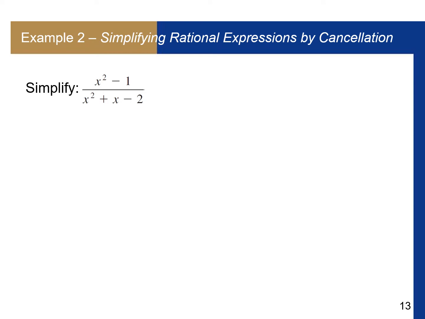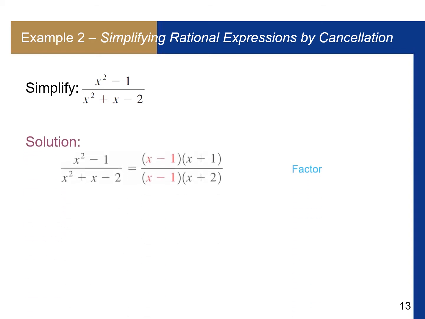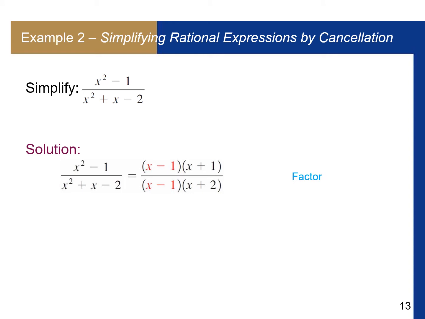All right, here's an example. We want to factor the top and the bottom. We see that the top is a difference of perfect squares. We look at the bottom, we say factors of 2, that will give me positive 1. That's 2 and negative 1. And we factor. So here we have our factored result.